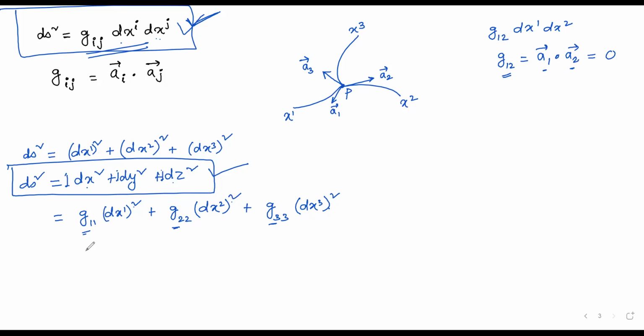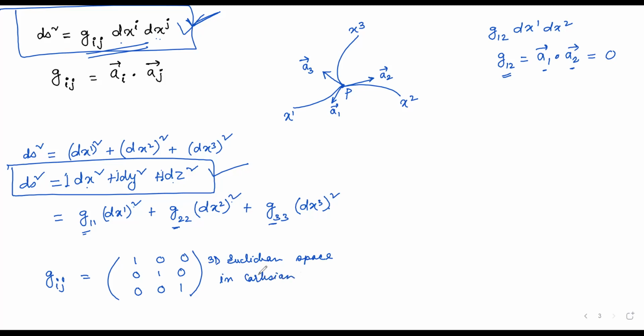So in matrix notation, Gij for the Euclidean space in 3 dimensions is nothing but 1, 0, 0, 0, 1, 0, 0, 0, 1. This is for 3D Euclidean space in Cartesian coordinates.